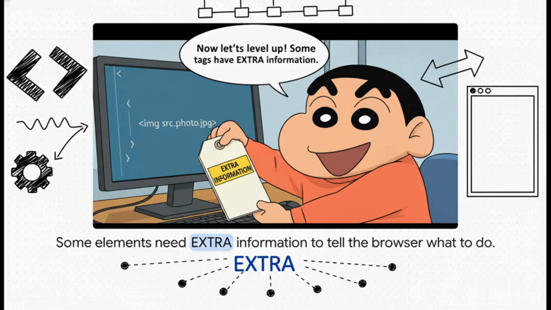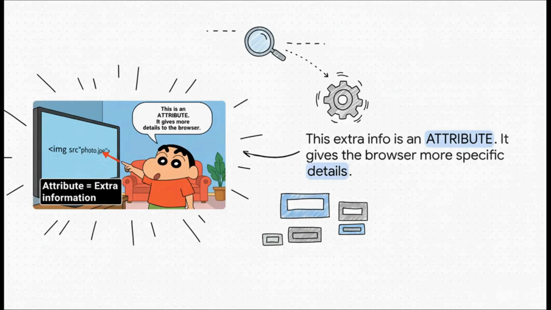It provides the critical details an element needs to actually work. And that extra bit of info has a name. It's called an attribute. The best way to think of it is like a little modifier. It doesn't change what the element is, it's still an image, but it gives the browser more specific details about it. So here, the src attribute is telling the image tag the exact source file for the picture.